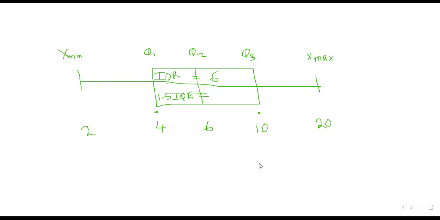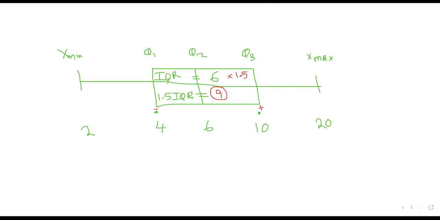This is a correction term. So the 9, we add it to the upper quartile, then subtract it from the lower quartile. So 6 is the interquartile range. You multiply times 1.5 to get the extreme values. 1.5 times 6, we get 9.